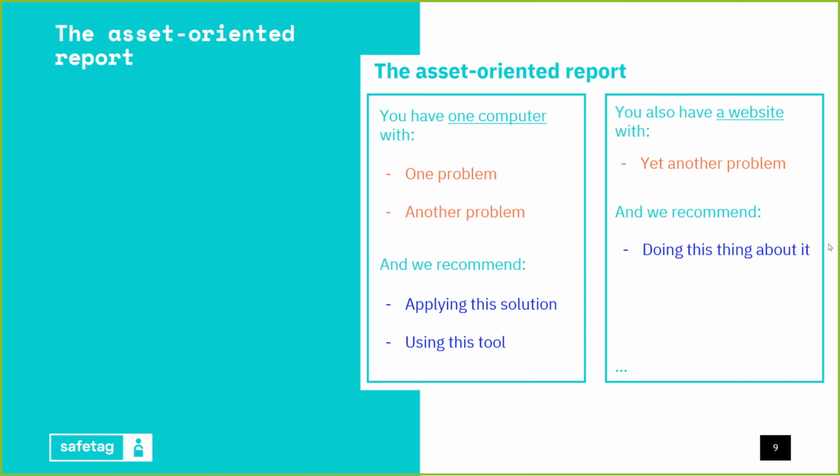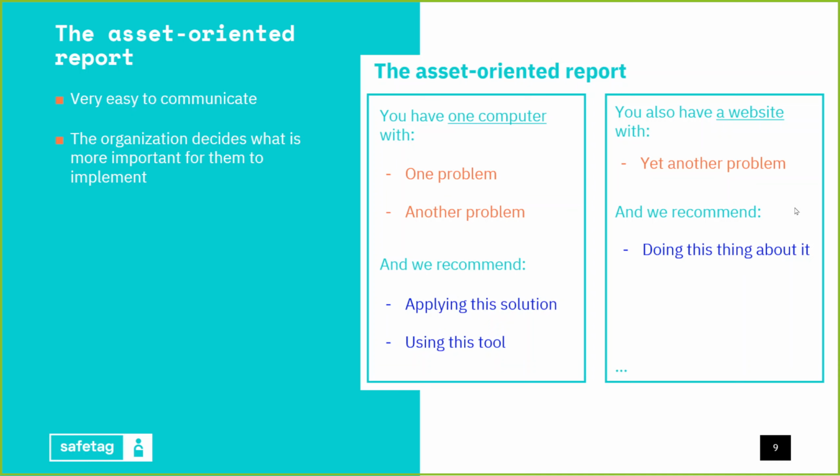So it's very easy to do the storytelling of this. It is easy to communicate, and the organization will better allocate their human resources, especially to solve the things they feel are more pressing. It's easier for them to prioritize on their side what they want to address.